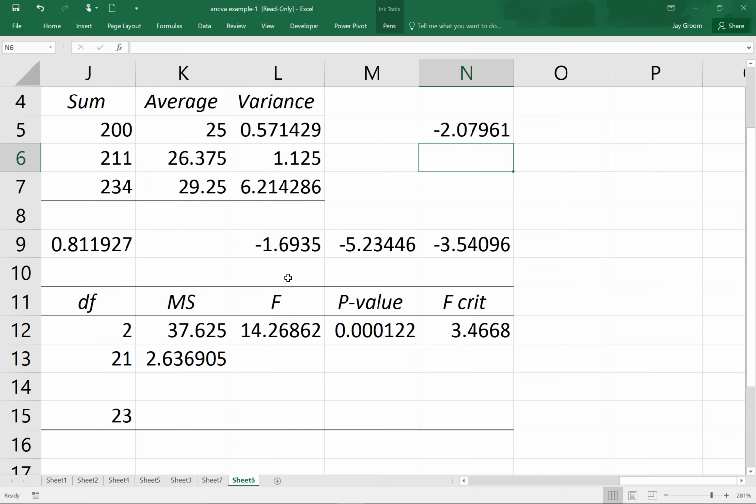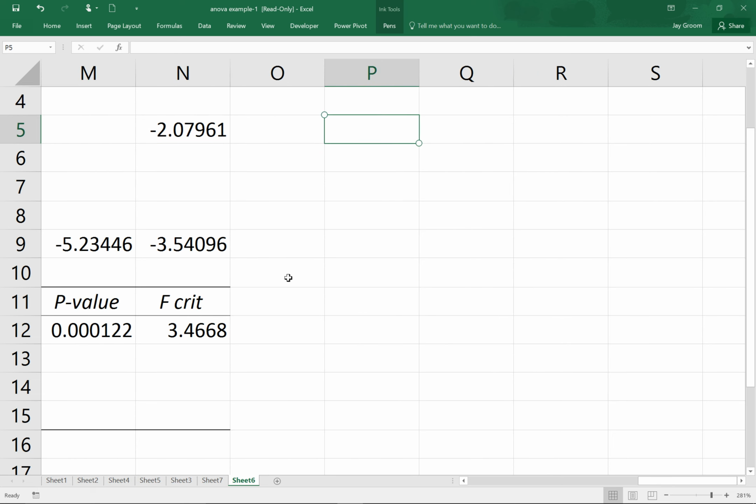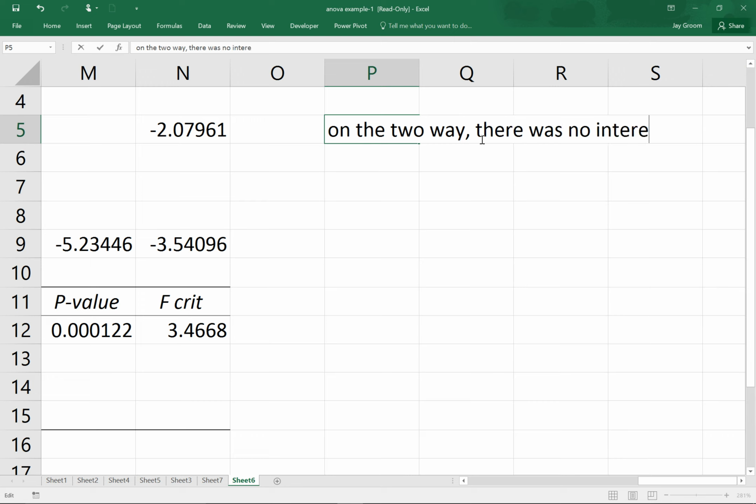What you can see is this. There is no significant difference between 1 and 2, yes? Between 1 and 2, there's no significant difference, but there is between 1 and 3 and 2 and 3. So what I would have done is this. Initially, on the two-way, there was no interaction and no row factor.